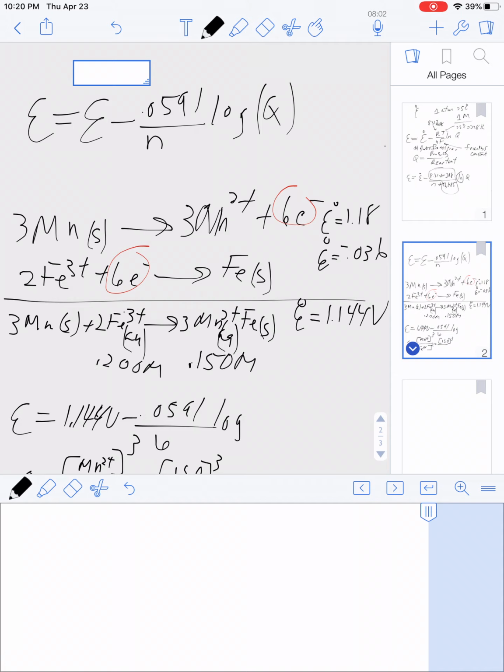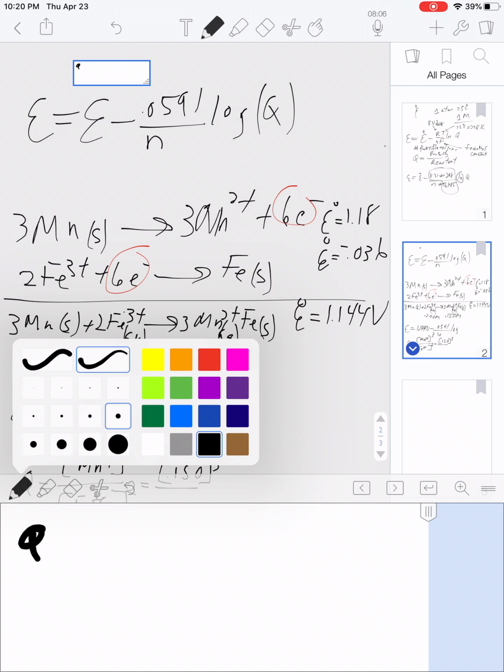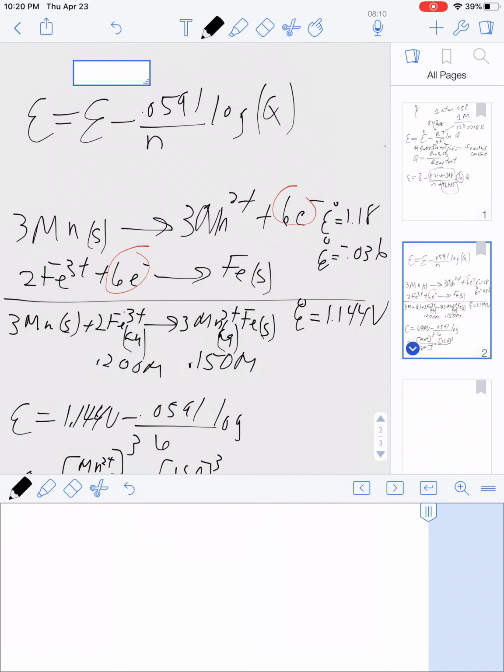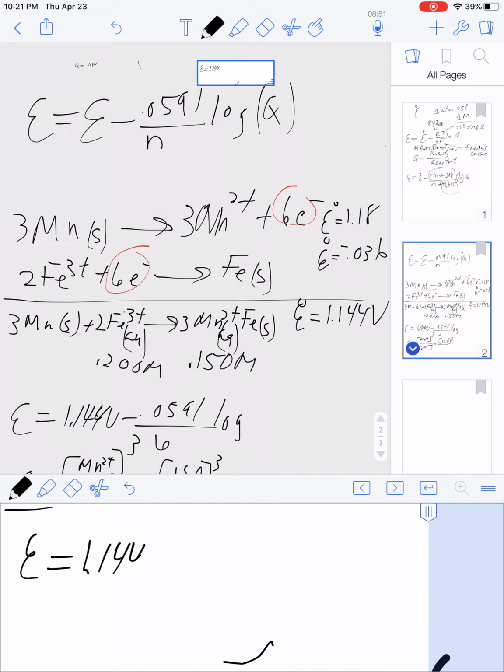So my Q is going to be 0.084. So then when I plug it in for the log, the cell potential is going to be 1.140 minus 0.0591 over 6 times the log of 0.0843.